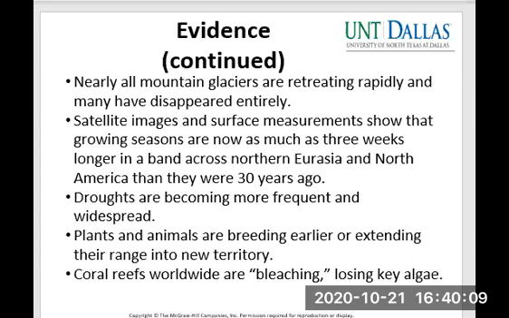The coral reefs worldwide are bleaching, that's losing key algae. This bleaching means losing the colorful algae they rely on for survival as water temperature rises above 30 degrees centigrade. Marine ecologists worry that warming oceans could be the final blow for the coral reefs, which are already threatened by pollution, overfishing, and for the fisheries and ecosystem they support.